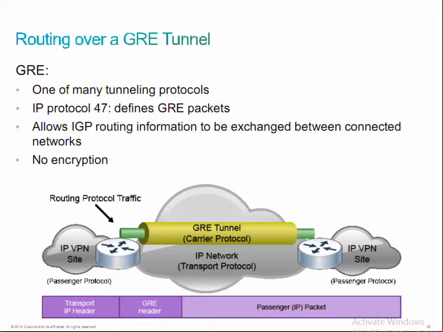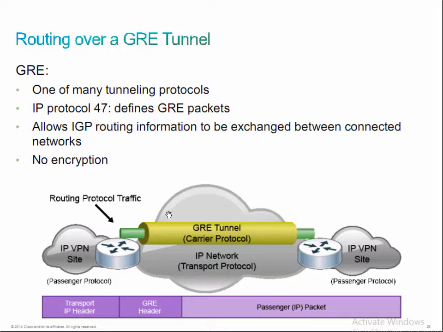All right. So essentially what is the point of GRE then? Well, if you look at the diagram here, I want this router on the left to be a peer to this router on the right. Literally neighbors, OSPF neighbors, EIGRP neighbors. The problem is I have this big dark cloud in the middle, which represents the internet.